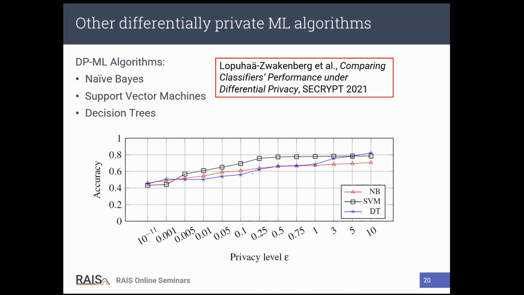But on the other hand, when you relax this privacy constraint, so you allow a higher privacy budget, the results are sort of comparable with the original classifiers, which is good. Basically, the idea is that these differentially private machine learning algorithms allow you to establish a trade-off between utility and privacy.